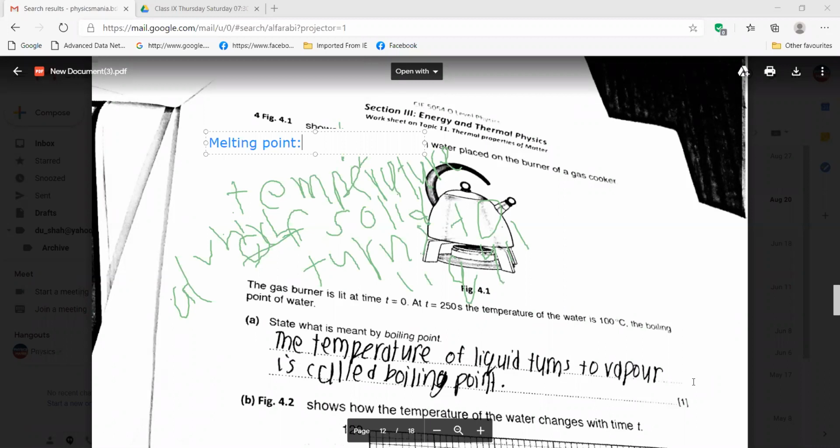On your worksheet you write it. Armin, are you writing? On your worksheet you write, then you just read from there.